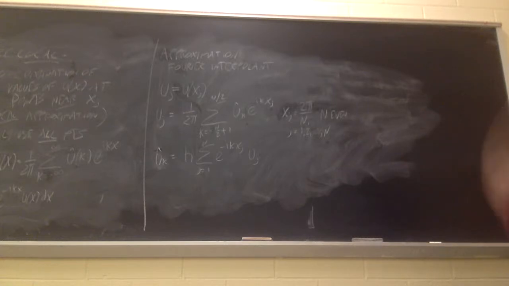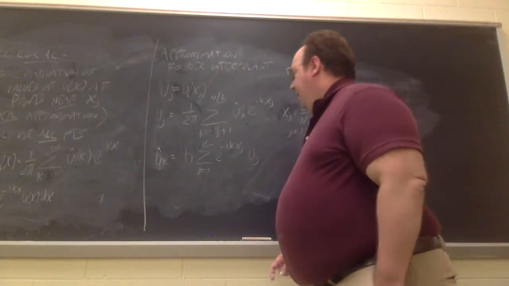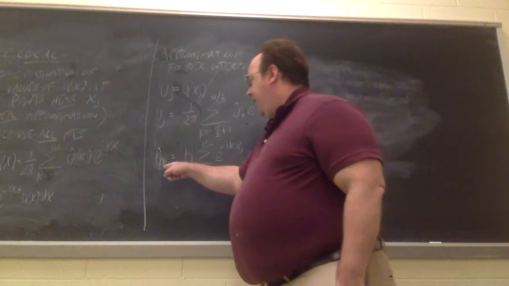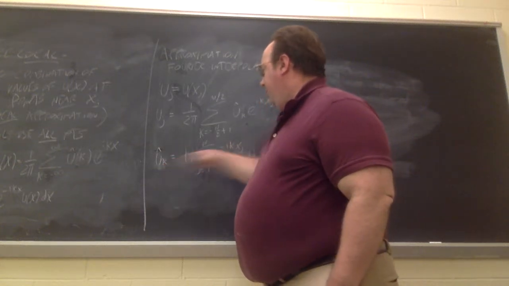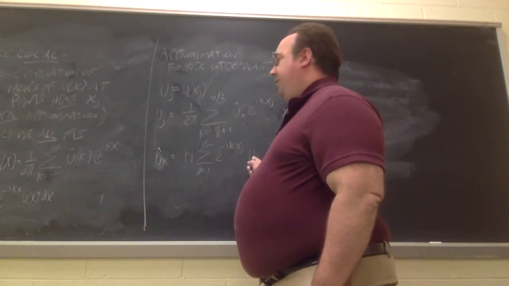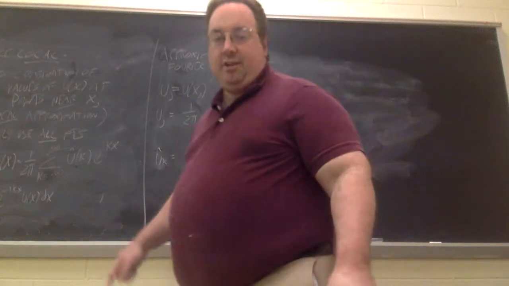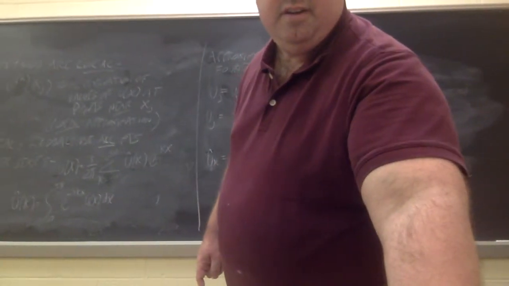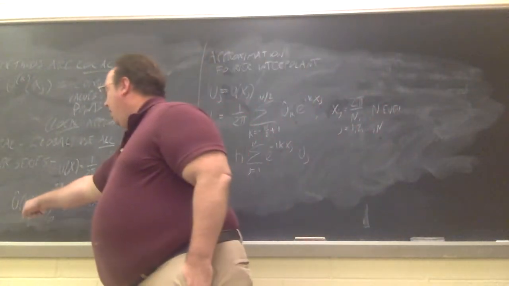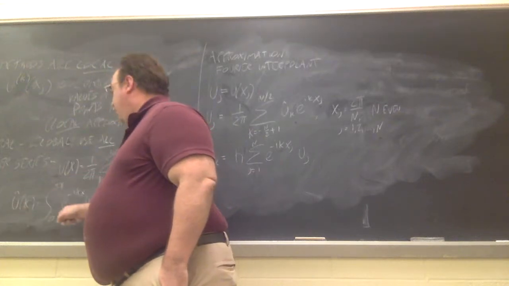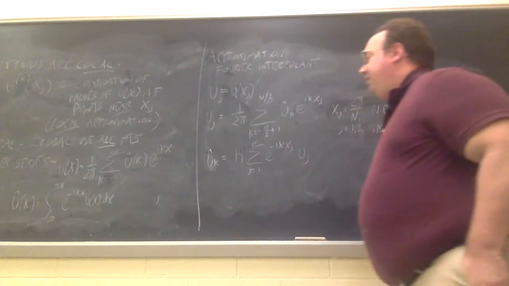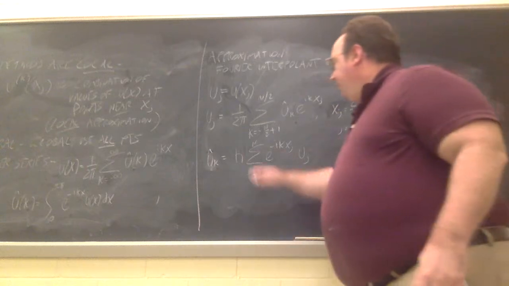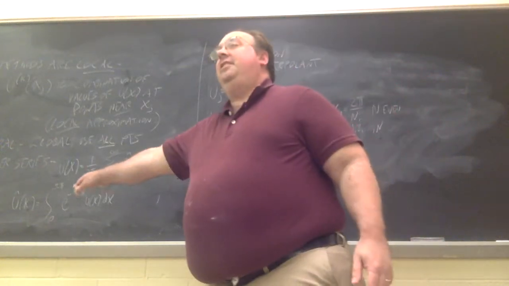Now, I'm using the subscript k, u hat sub k, to refer to the approximate Fourier series coefficients, whereas over here, I'm using u hat of k, if it's a function, to refer to the true Fourier coefficients. So this is an approximation of that.